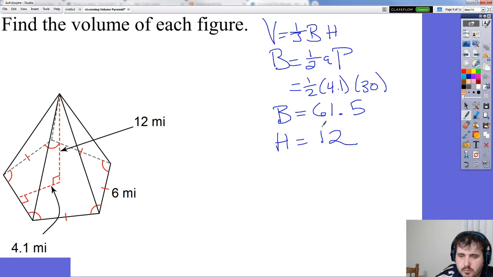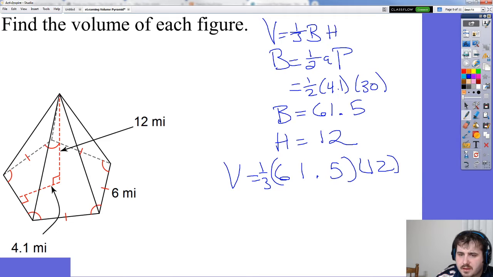And then we're going to go through and we're going to solve. 61.5 times 12 divided by 3, 1/3 base times height. I did that for the last one, right? Yeah, good. So 1/3 base times height, that's a 12. Let's make that look better because that doesn't look very good. Times 12. Okay, much better.